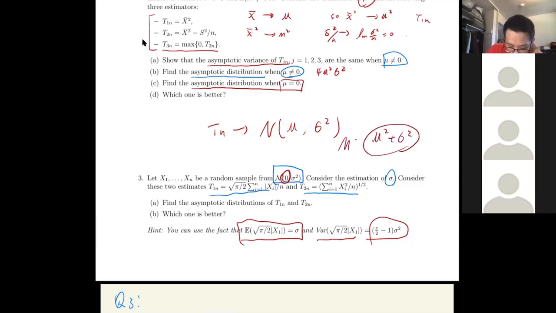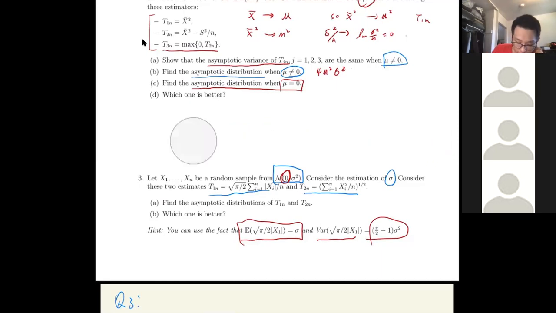We will compare by mean square error, like this.